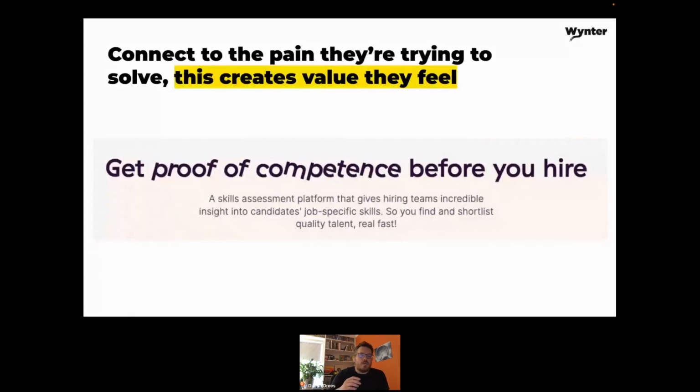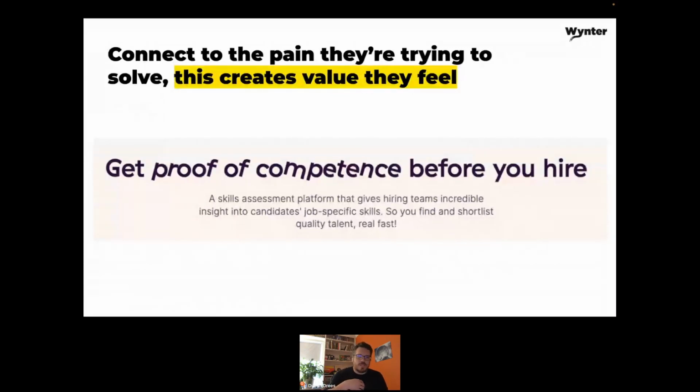This is a value prop that's checking all of the boxes, while at the same time it creates value because it's connecting to a pain that this ICP, I presume, feels. I'm not the ICP, so I can't really say whether this is true, but I at least see that they're trying to solve for that, right? So I can understand from this that this is for people who are hiring people.